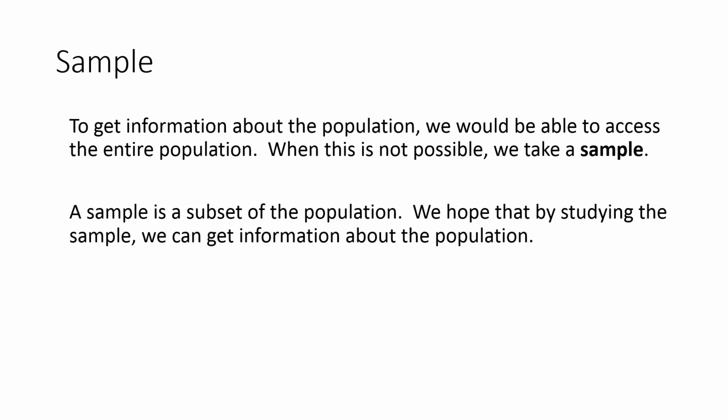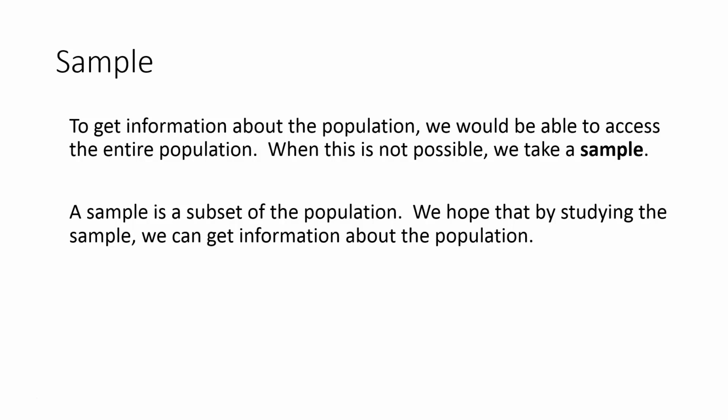Now, talking about a sample, ideally we'd be able to get information on every element in the population. But a lot of times that's not feasible. Sometimes it's just not possible. If we wanted information on every fish in the Pacific Ocean, for example, it would be impossible to get information on all of those.